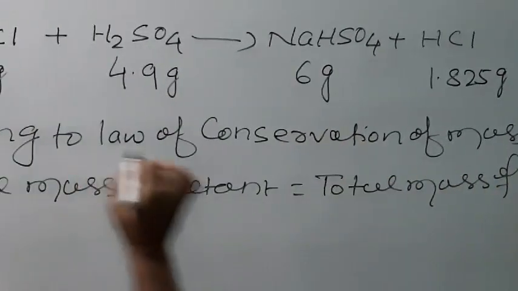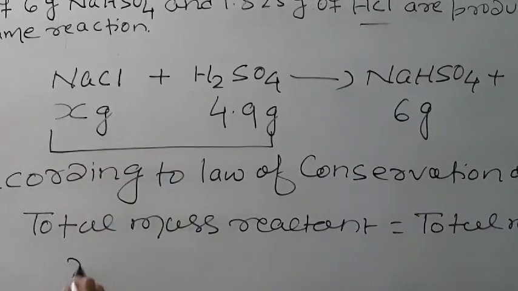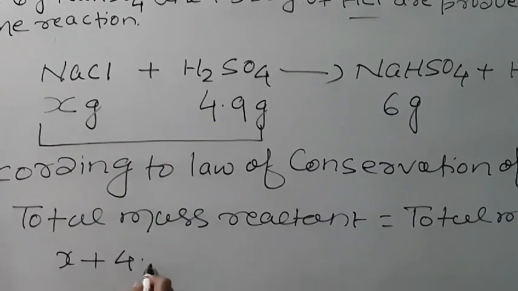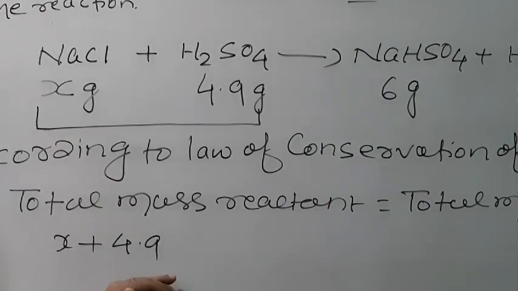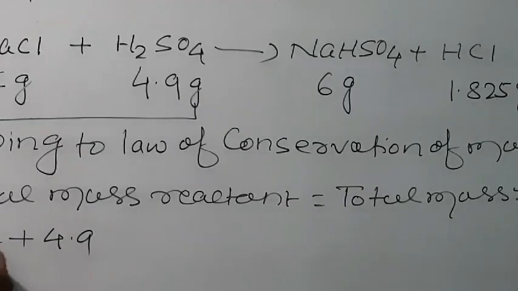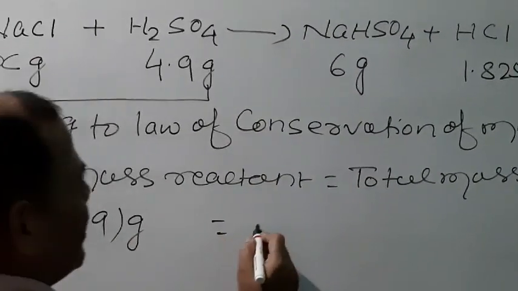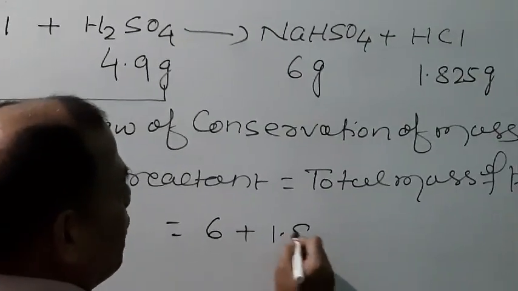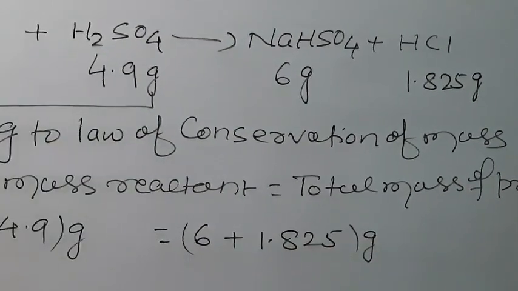We have total mass of reactant x plus 4.9 gram, and 6 plus 1.825 gram is the mass of the product.